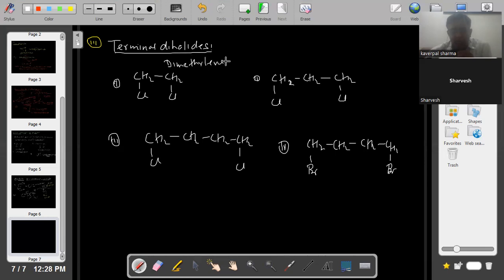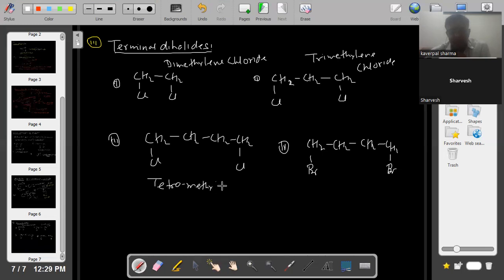Dimethylene chloride. Here is 1, 2, 3: trimethylene chloride. Understood? Halogens are at the ending. Name this tetra 1, 2, 3, 4: tetramethylene chloride.